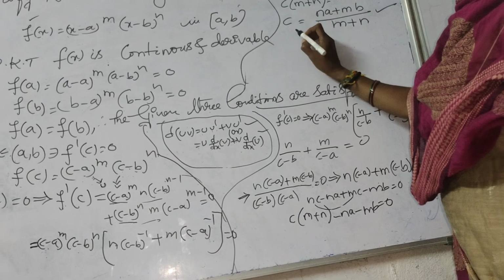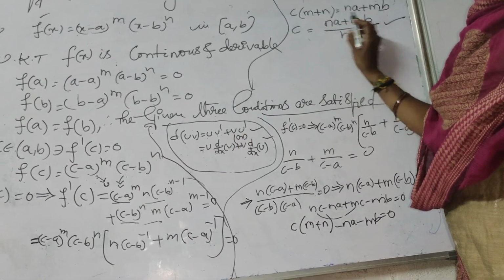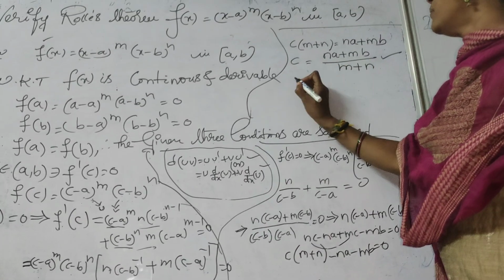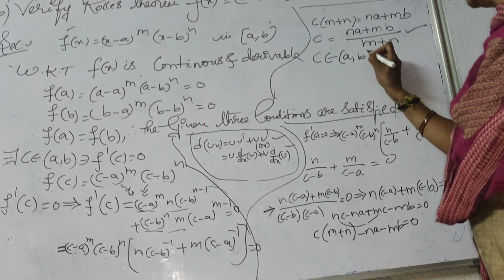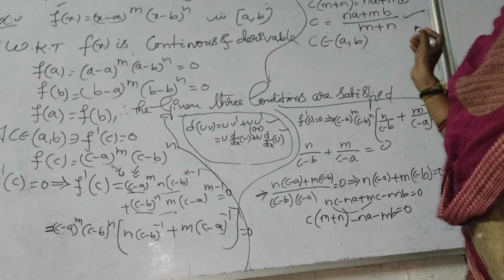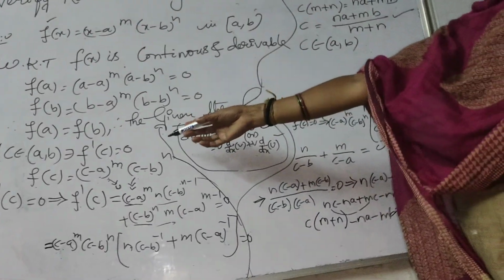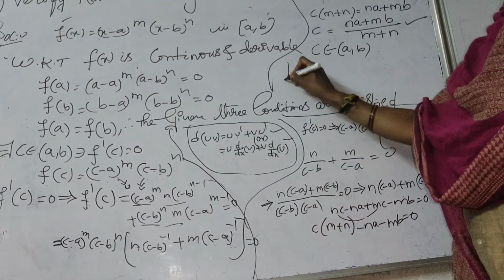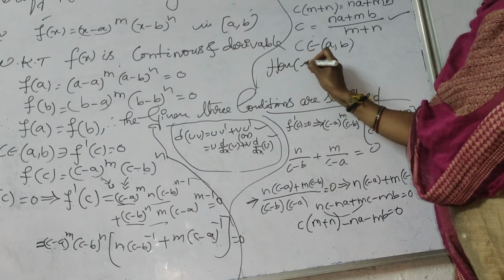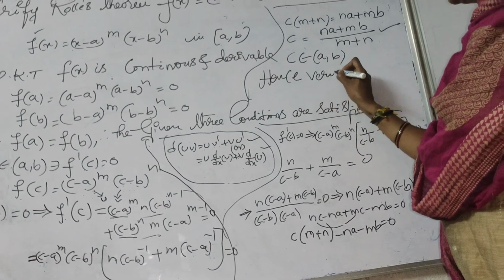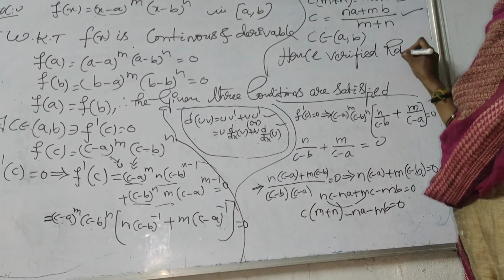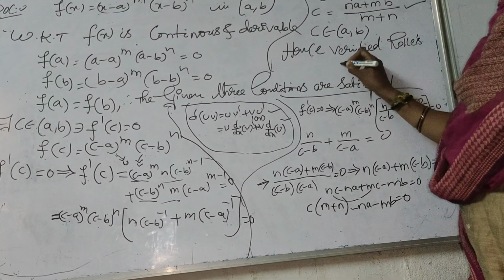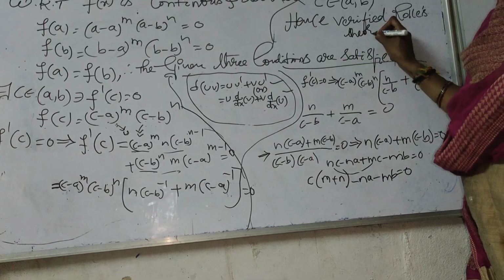This c value lies in between a and b, therefore c belongs to a comma b. There exists f dash of c equals 0. Hence verified Rolle's theorem.